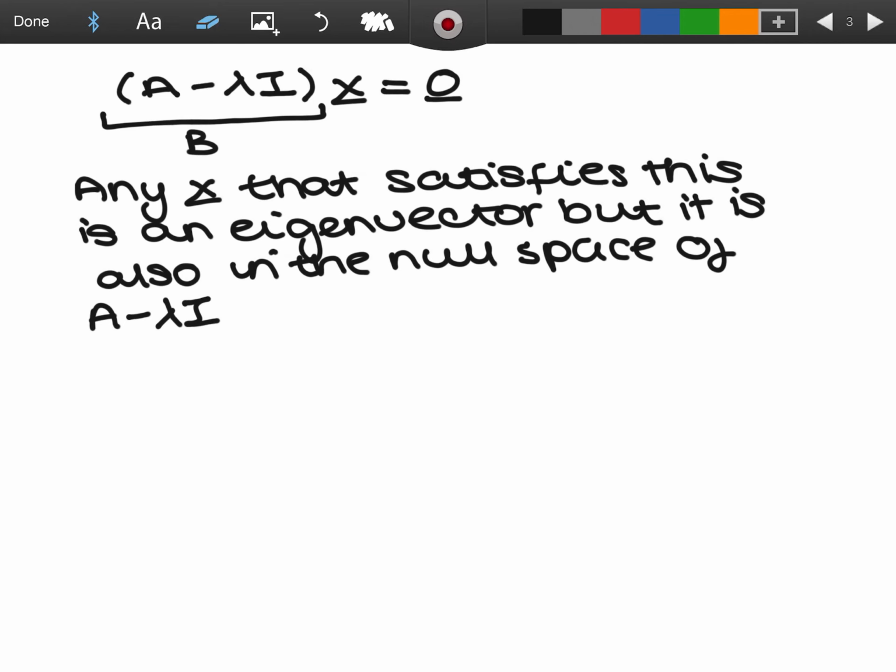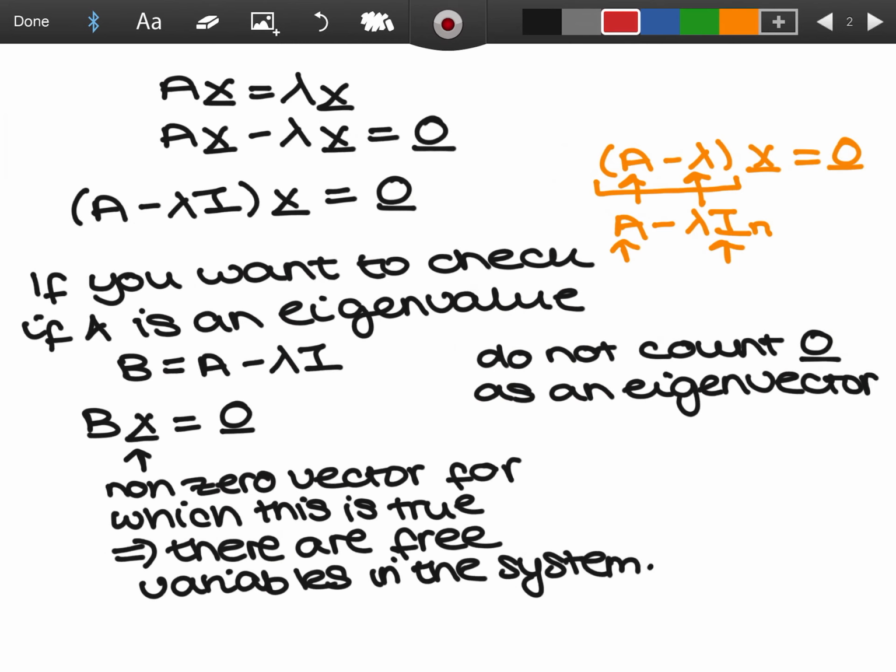There's another name that we have for this. The null space of A minus lambda I is actually the eigenspace of A. Okay, if we go back here, because there are free variables in this system, that must mean that there will be infinitely many solutions. So if you can find a free variable and hence a non-zero vector x that satisfies that, there will be infinitely many x's that satisfy that.